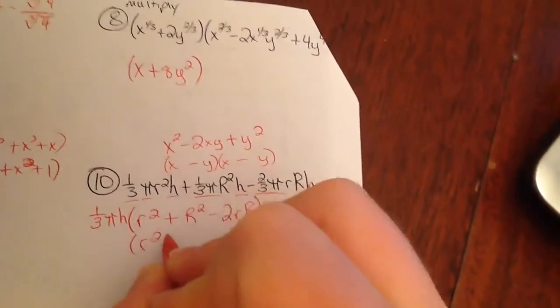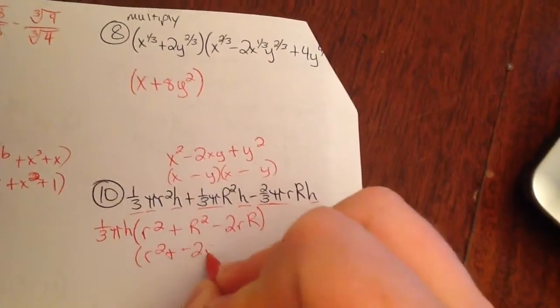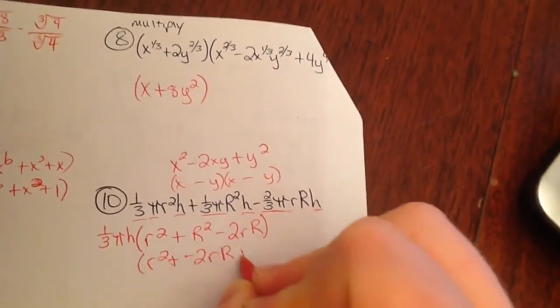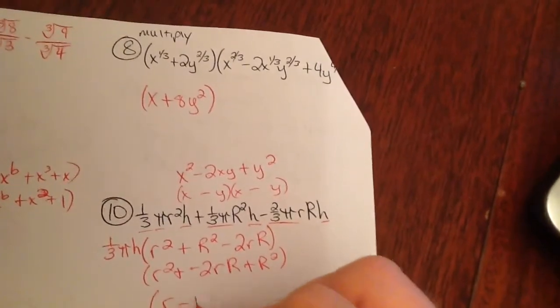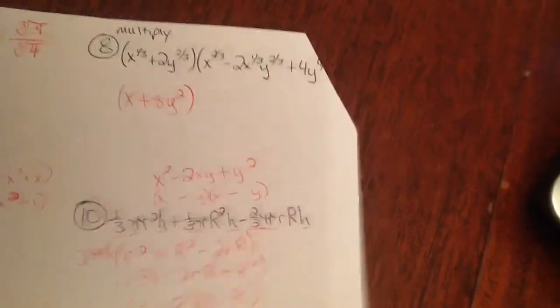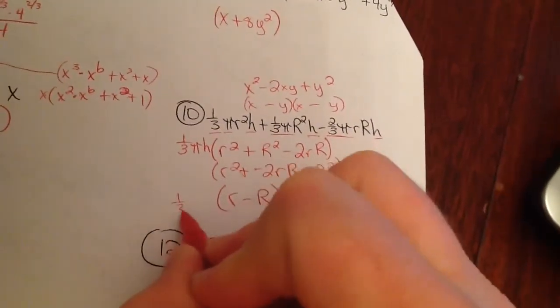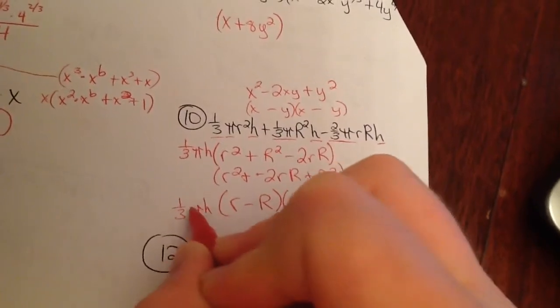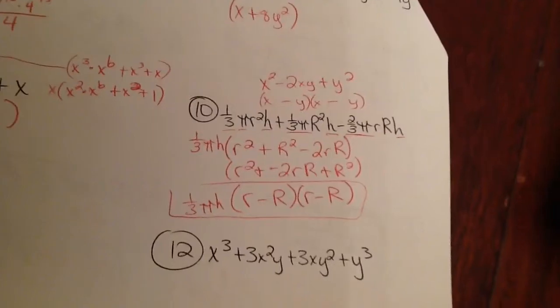So if you rearranged it, doesn't matter if you put little r first or big R first. It's really just big R minus little r times big R minus little r, and then the stuff in front. And of course you could rewrite that as R minus r squared, doesn't matter.